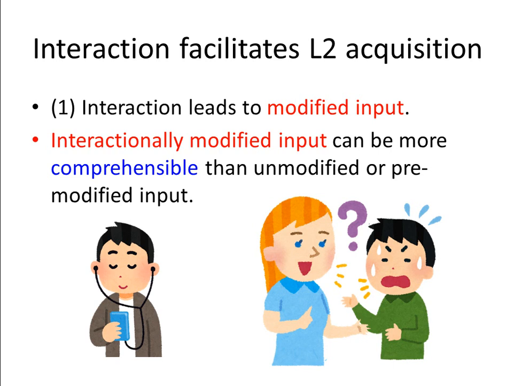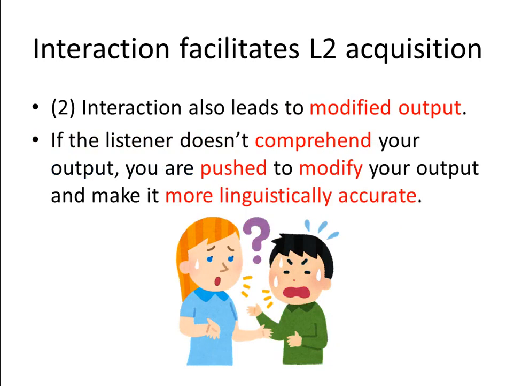So if there is interaction, you can get interactionally modified input, and that is in many cases more comprehensible than unmodified or pre-modified input. And comprehensible input is good. And second, interaction leads to modified output.